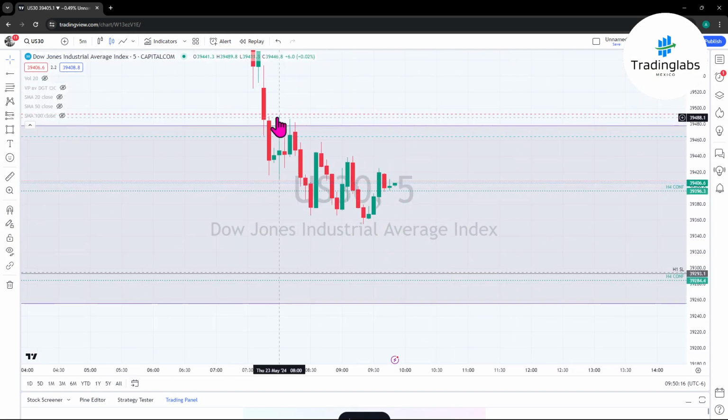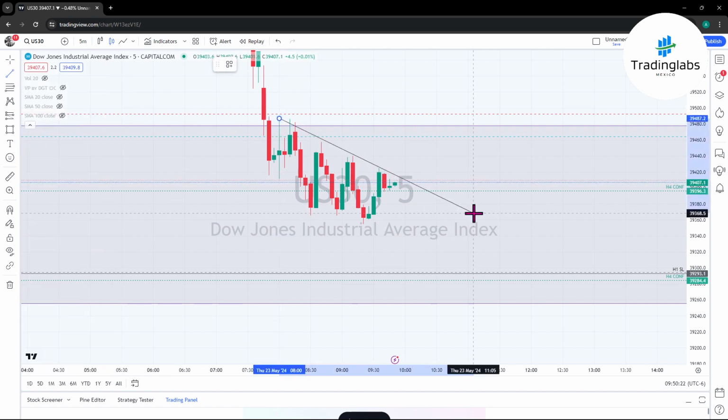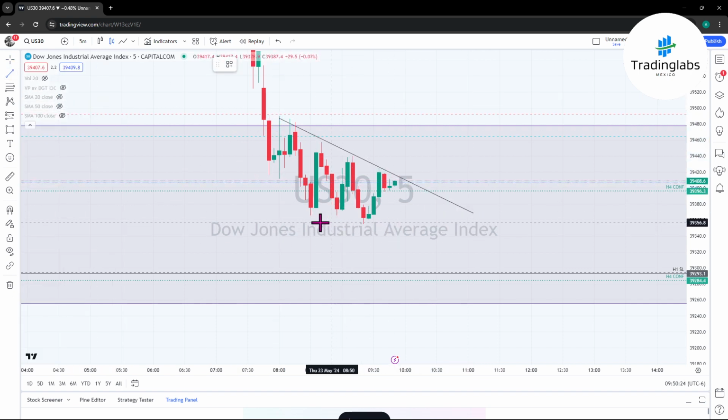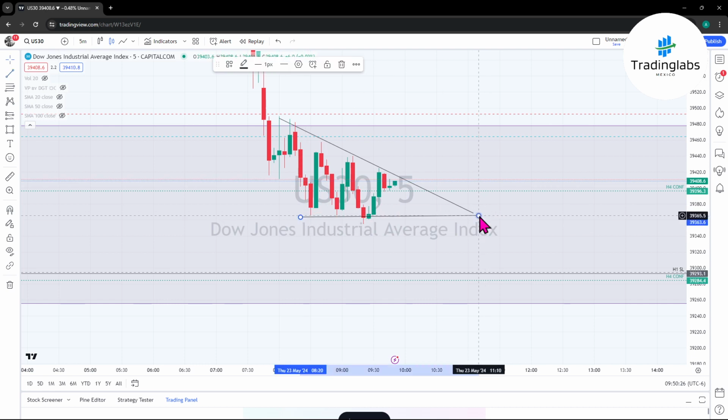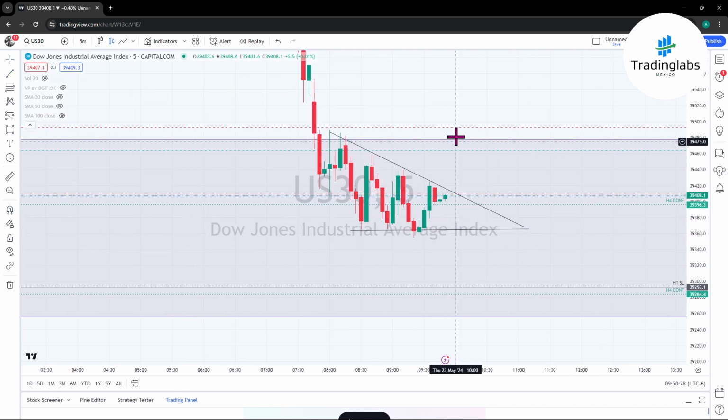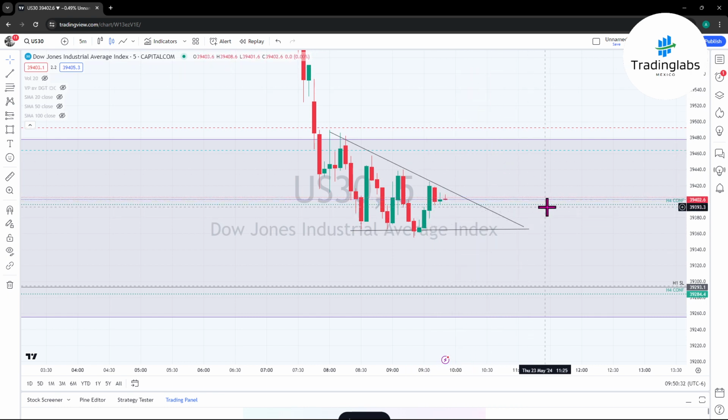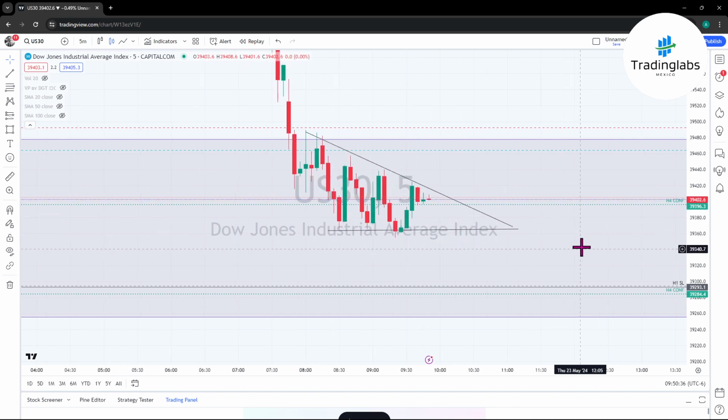The market is somehow making this trend, right? Maybe it wants to break this high and then retest these lows, and I'm potentially going to go long from here, or maybe the price will liquidate this one.